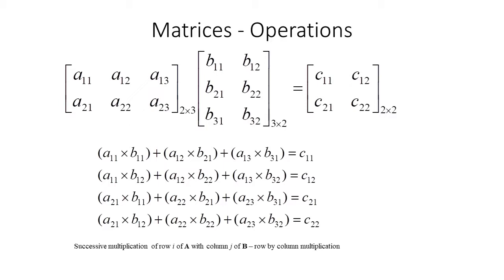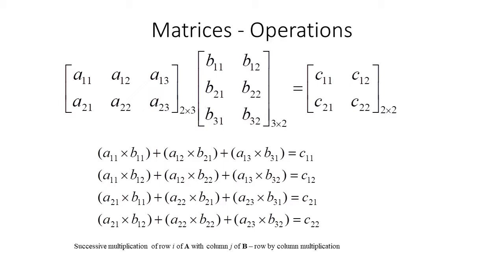And now the answer will be the number of rows of the first matrix multiplied with the number of columns of the second matrix. So it will be a 2 cross 2 matrix. I am going to call the entries C11, C12, C21, C22. So now let us see how we can find C11, C12, C21, C22.